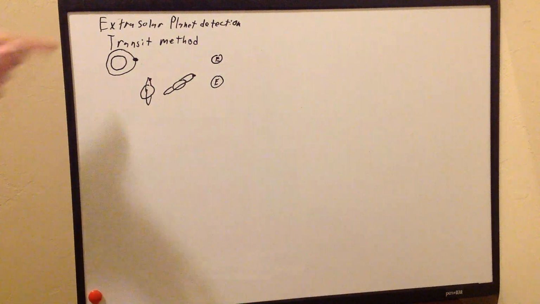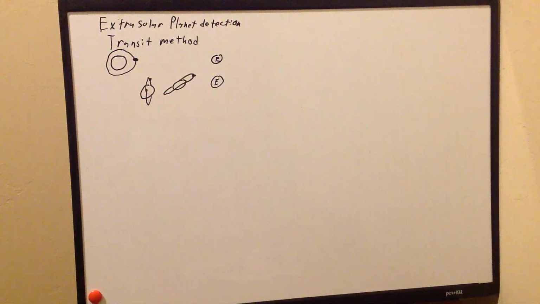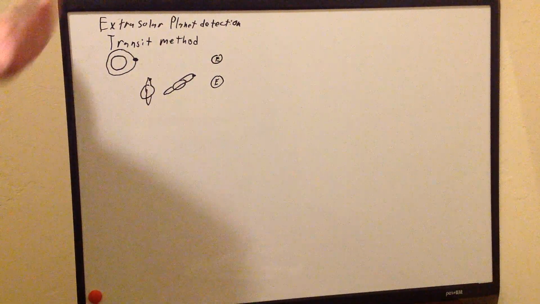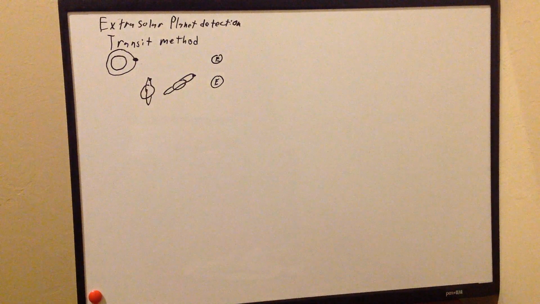If this planet takes 1.5 years to orbit, and we decide we need to see it 3 times before we're confident that it's a planet, that's going to take 4.5 years of watching this star before we can say, oh yeah, that's a planet. We found a planet. So that can be pretty time consuming.